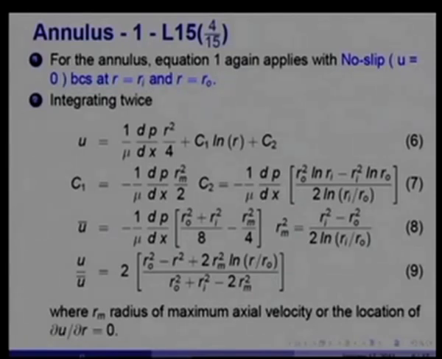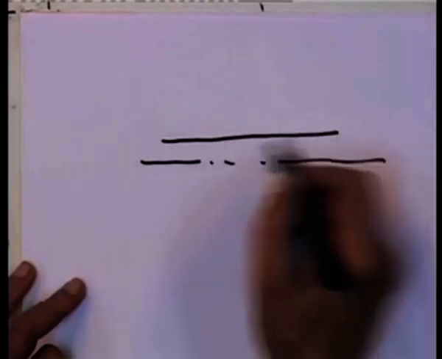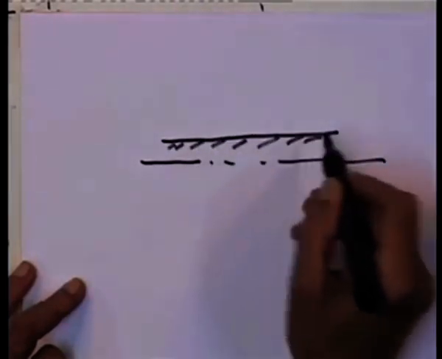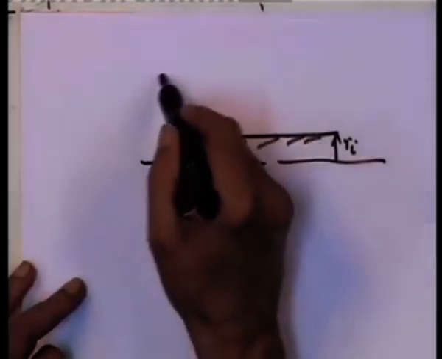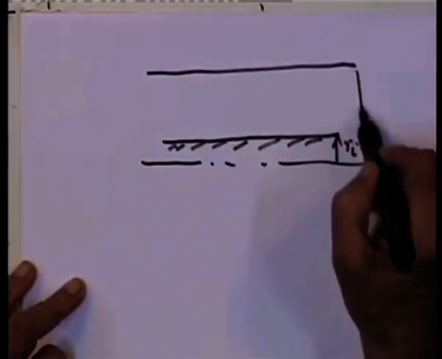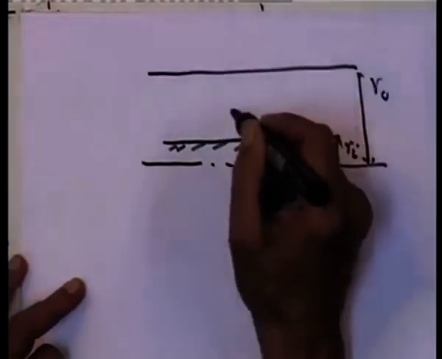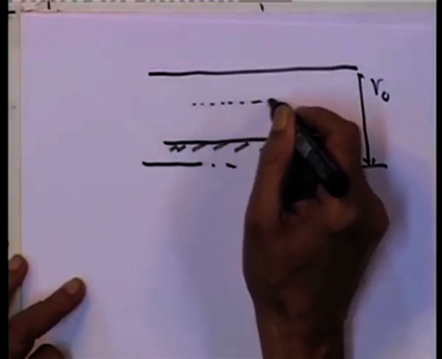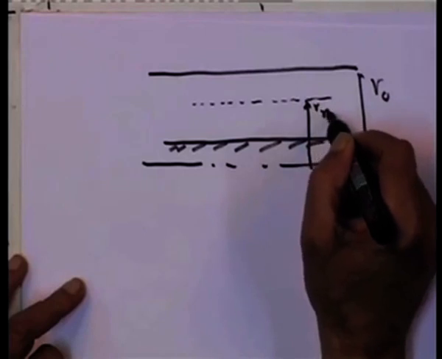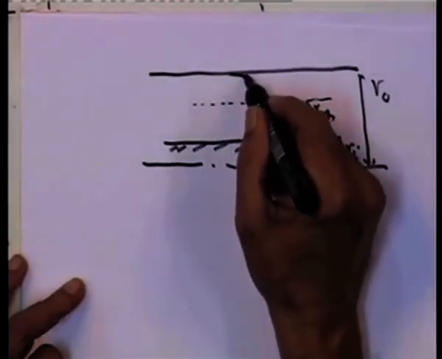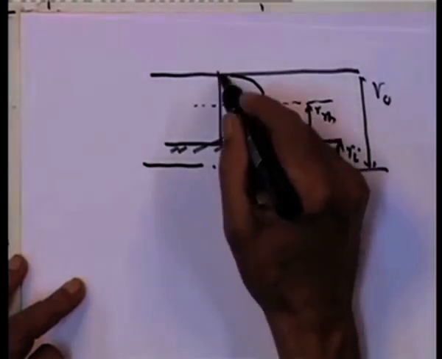Remember, if I have axis symmetry like this, this is the inner radius r_I, this is the outer radius r_O, then the velocity profile will look like that, with 0 velocity at both.